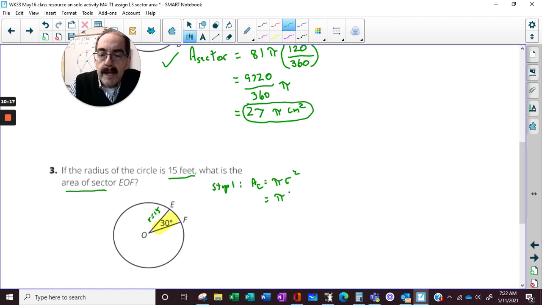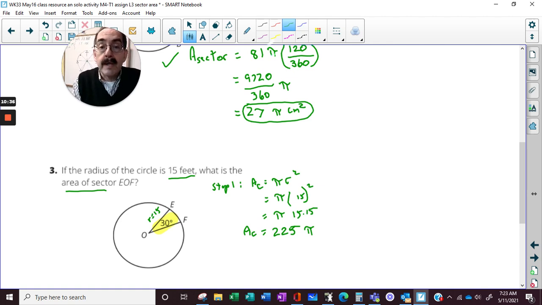So that's pi times 15 times 15, and that's going to give us 225 pi. That's the whole thing.